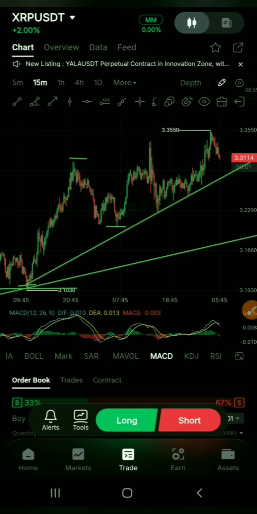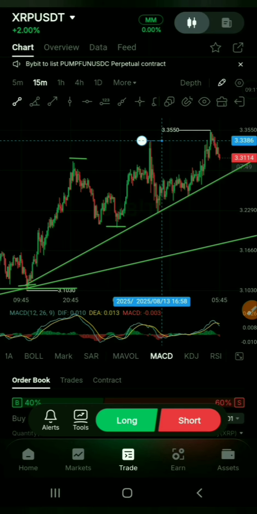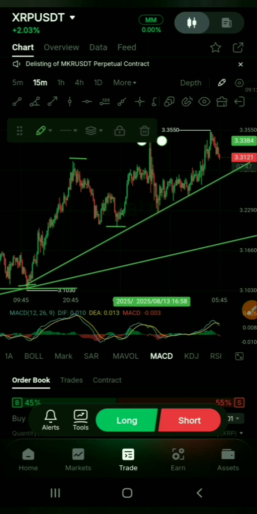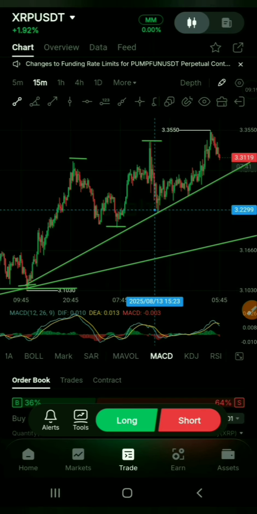And then another higher high right here. And a higher low over here.